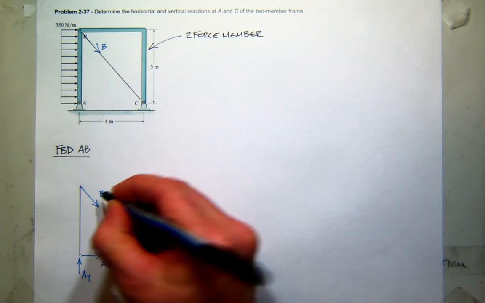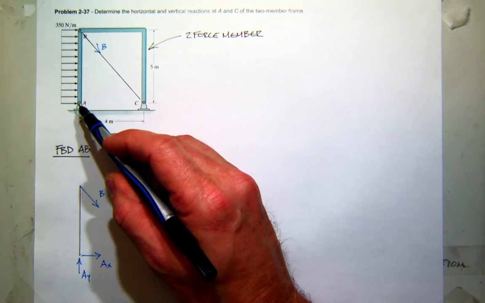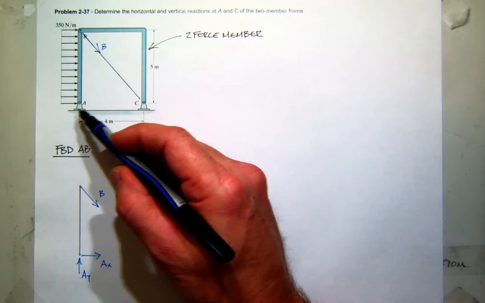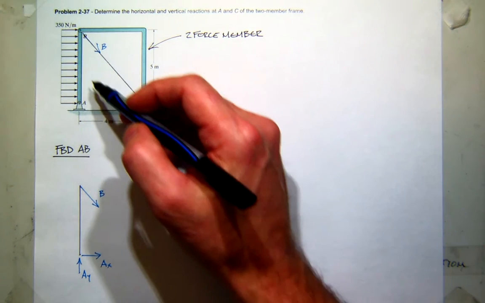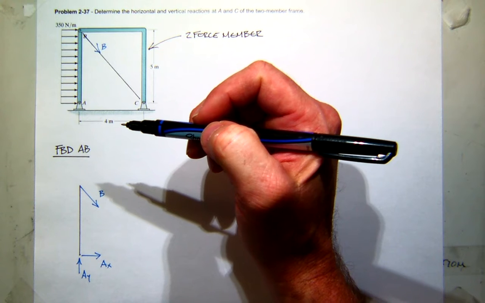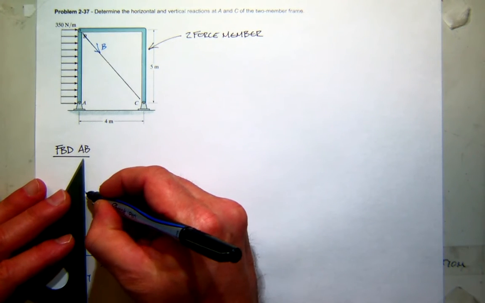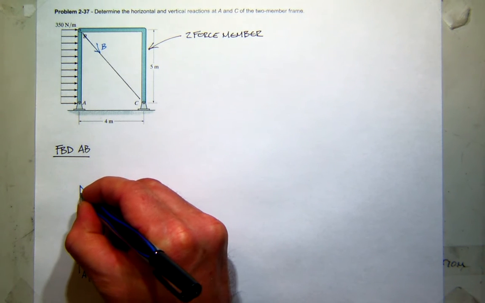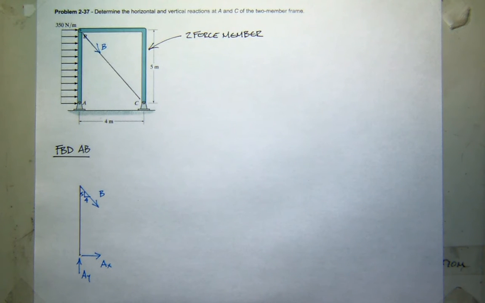I'll call it B. What is this orientation? Well, it looks like it's going to drop a distance of 5 meters and then go over a distance of 4. So what is that, a 4-5 triangle? Kind of an odd triangle. But that's what it's going to do. So if I look at the actual slope of this, it would drop 5 and go 4. We can figure out that angle later when we need dimensions.